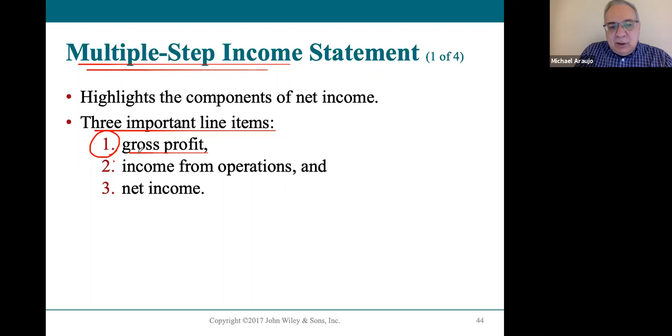The second thing that you'll notice here is it'll provide you with, remember the word income and profit and earnings all mean the same thing. It'll provide you with how profitable is the operation of the business, okay?